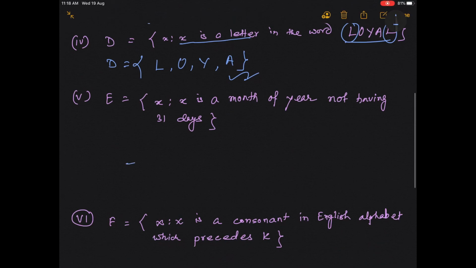And E, x is a month of a year not having 31 days. So what are the months in a year not having 31 days?